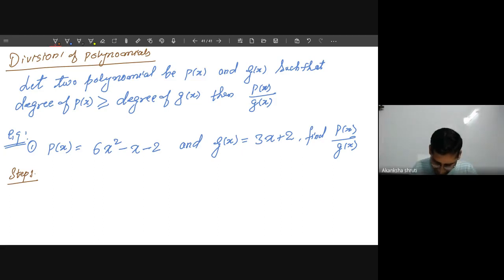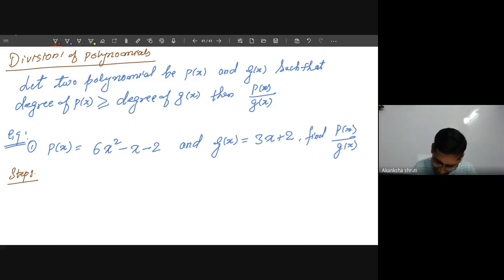Here I have written the polynomial p(x) as 6x square minus x minus 2. I have already written it in descending order of degree. Sometimes this polynomial is not given in descending order of the power of x. At that time, you have to first write p(x) in descending power of x.